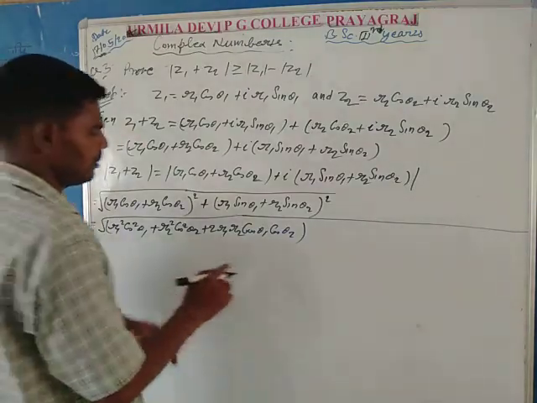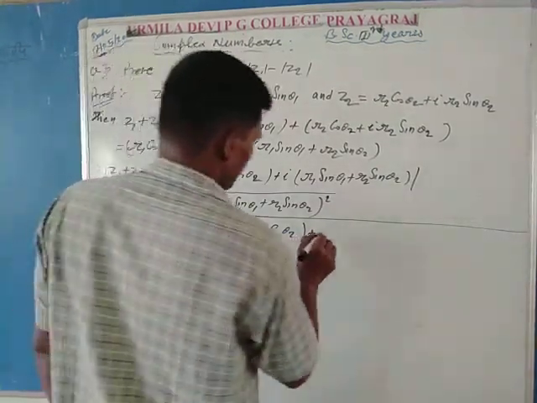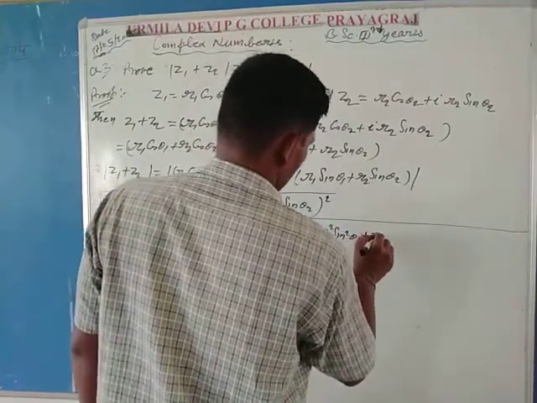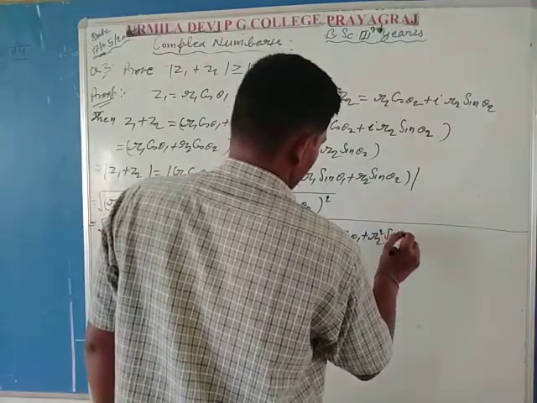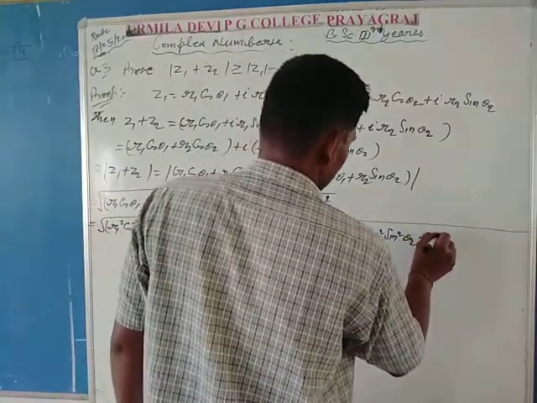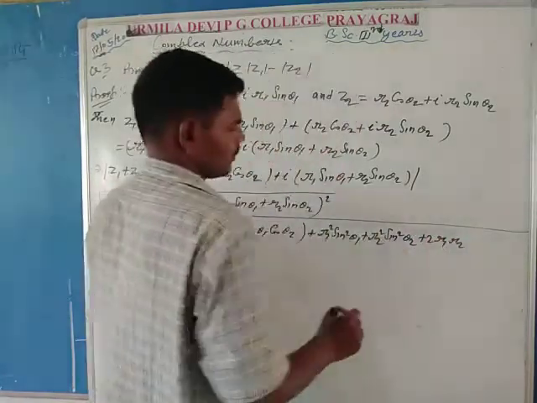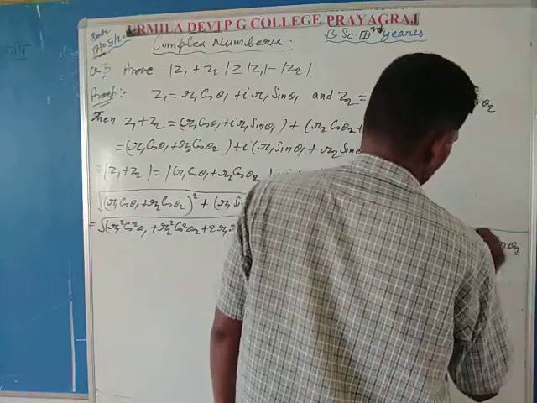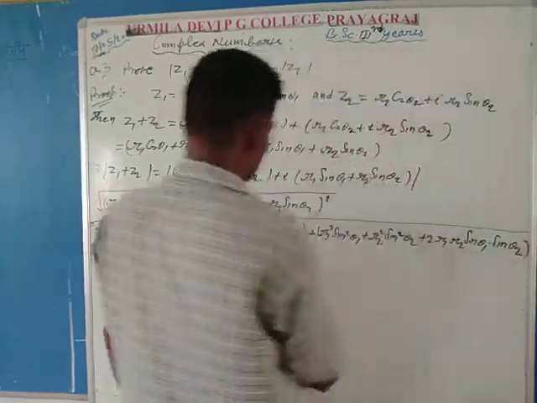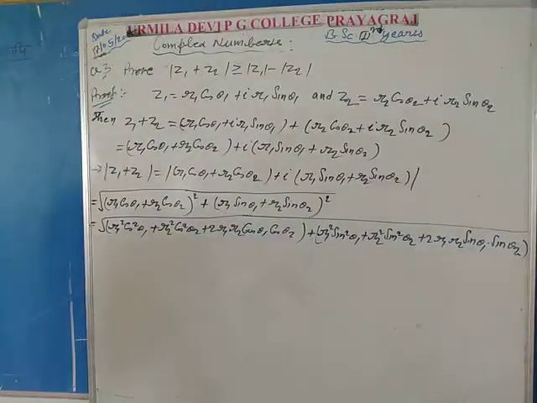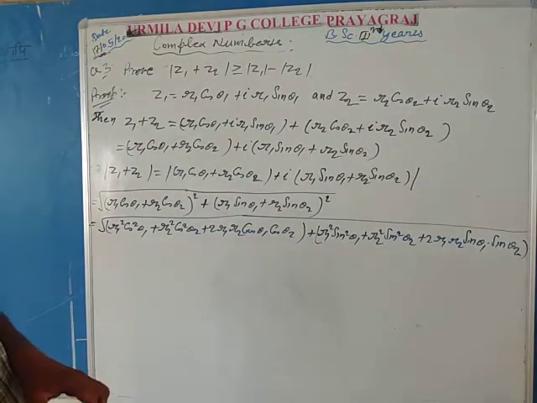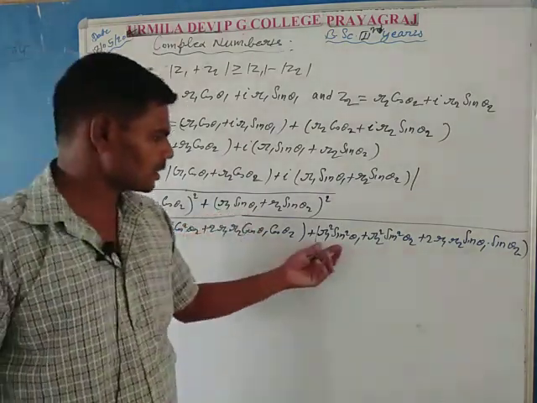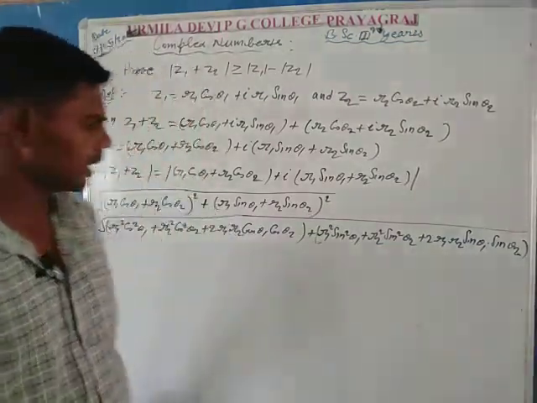The expansion of the second bracket is R1 square sin square theta 1 plus R2 square sin square theta 2 plus 2 times R1 R2 sin theta 1 sin theta 2. That is, first square, second square, plus 2 times first and second.